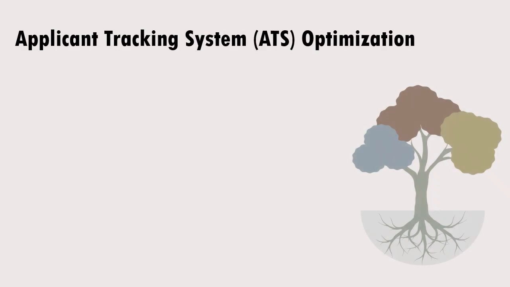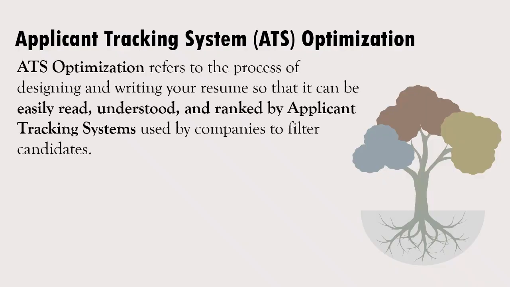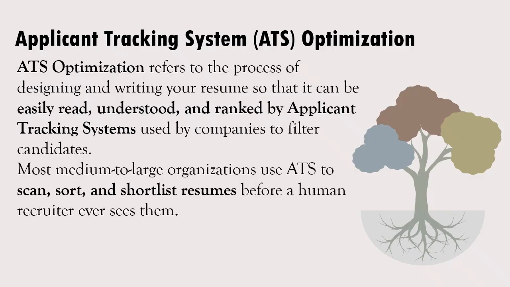So again, we have come to the last part of our video, that is applicant tracking system optimization, how to optimize. ATS optimization refers to the process of designing and writing your resume so that it can be easily read, understood, and ranked by the applicant tracking system used by companies to filter candidates.